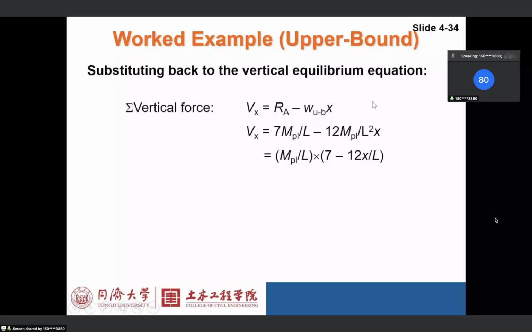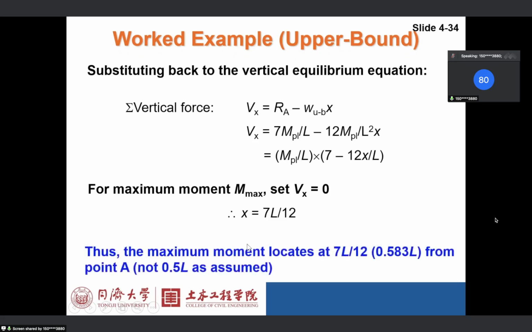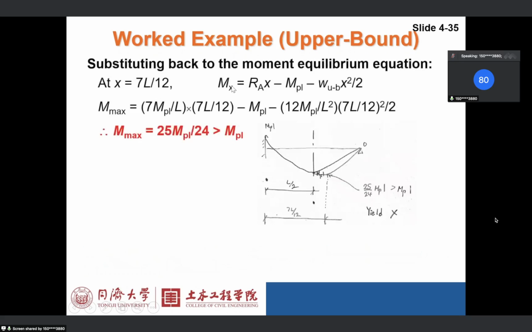So based on the first equation, we get x is 7L over 12, and then we get the maximum bending moment from this equation. So we get maximum bending moment 25 MPL over 24. Okay, so this is the final result.